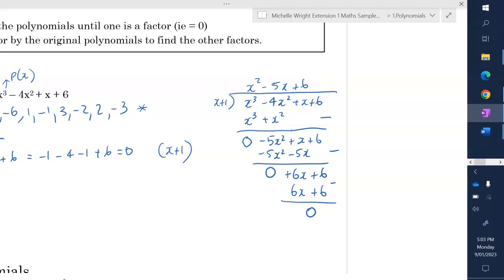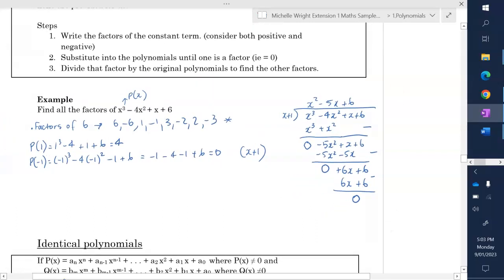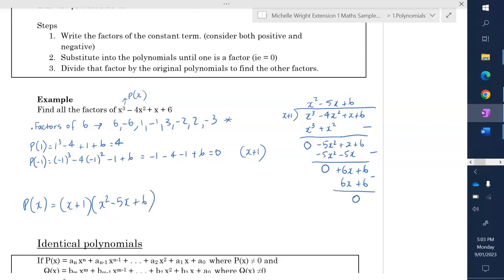So this is good news, because we now know that our polynomial p of x can be written as x plus 1, which we discovered to start off with was a factor, and now we have a quotient up the top there, x squared minus 5x plus 6. That is not our answer. What our question actually asks us is to find all the factors.